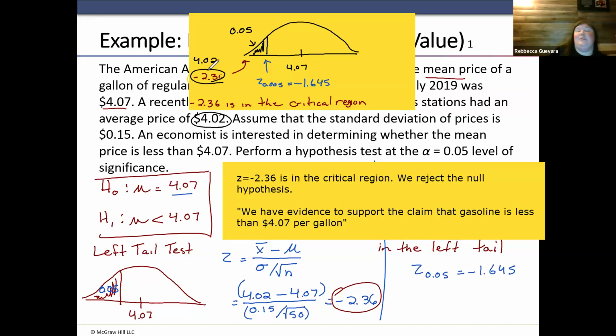So it's saying that the sample is telling me that it is so distant from the null hypothesis claim that it can't be simply due to random chance. It's not actually close to the null hypothesis mean. It is too far away. It is too small, is what it is. It is so small that it just supports our claim that gasoline is actually less than $4.07 a gallon.